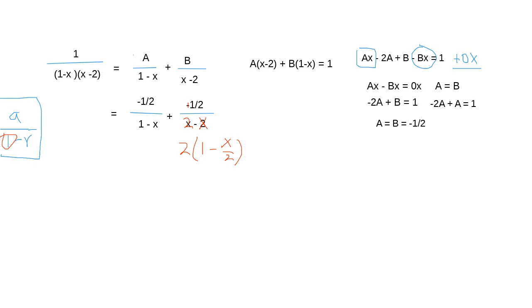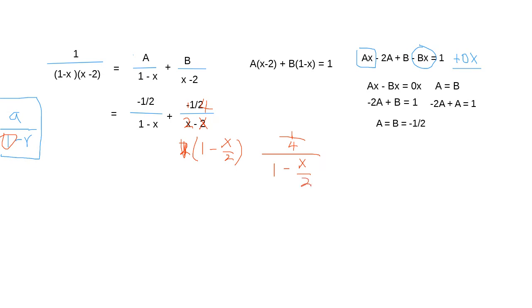Then 1 half divided by 2, I can write as 1 quarter. So the second term becomes 1 quarter divided by (1 minus x over 2). Okay, so the second term, we write this way.